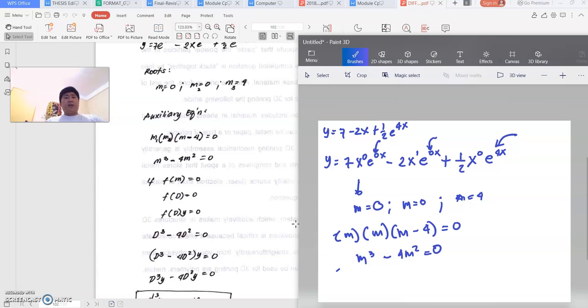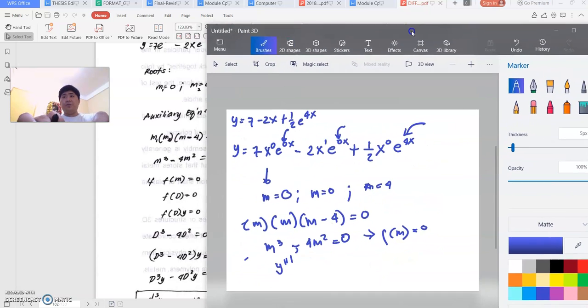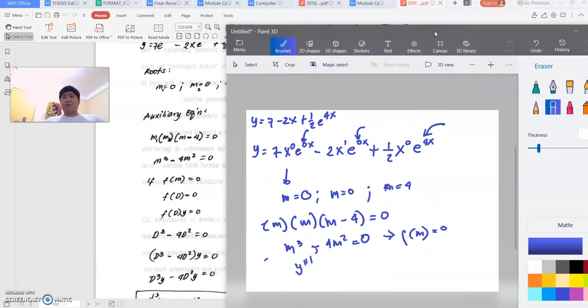Since we know that in order to get a differential equation, we will go back to the equation. So, m represents y, so y triple prime. So, this one is just your f of m equals 0. Okay, let me erase this one. Okay.